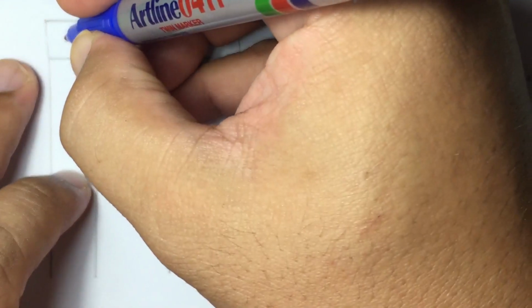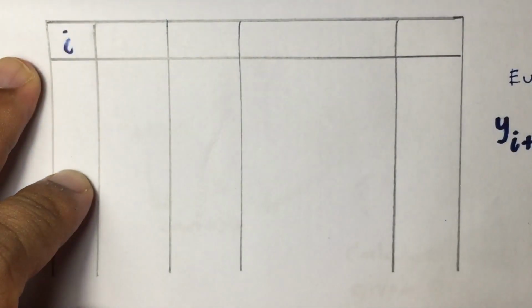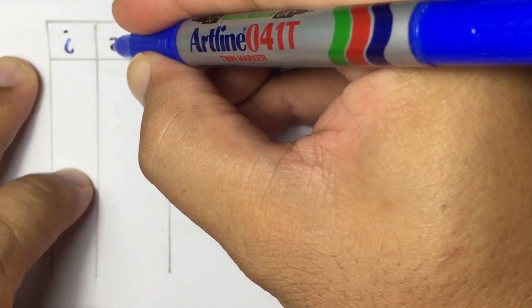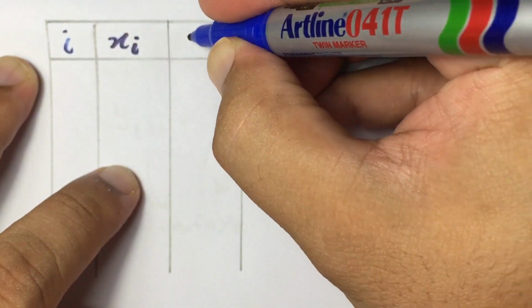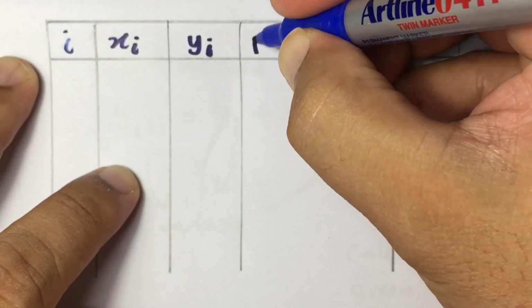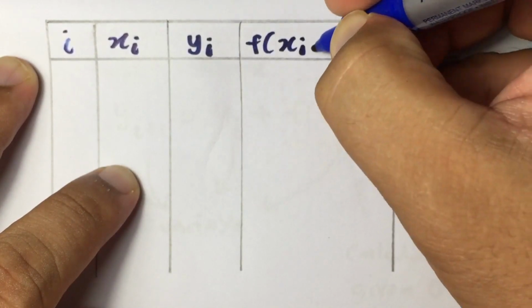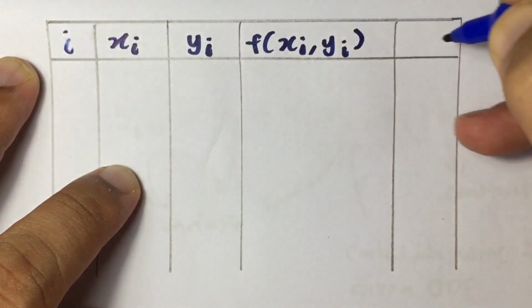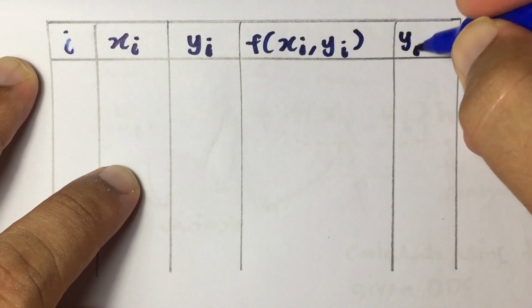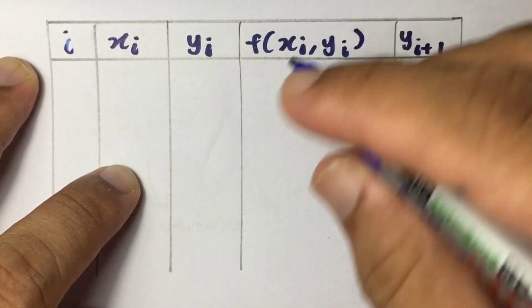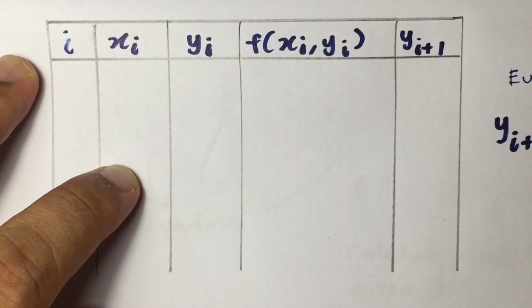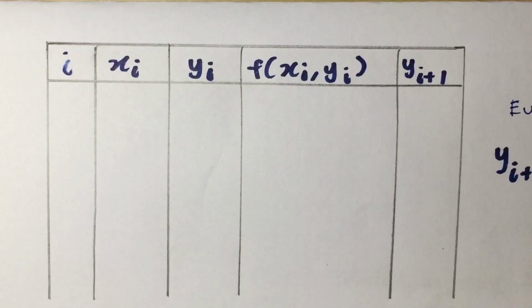We fill up the first column as the header i, then x_i, y_i, the first derivative f(x_i, y_i), and finally the value calculated from Euler's method. As with other calculations that involve iteration, it is up to you how to draw the table as long as it is easy for you.